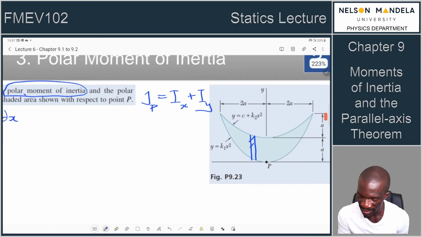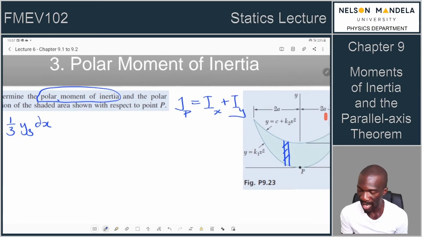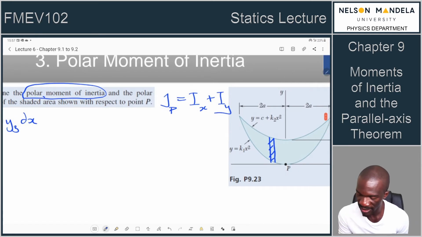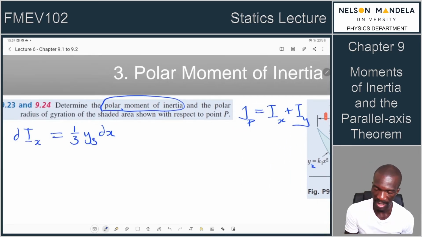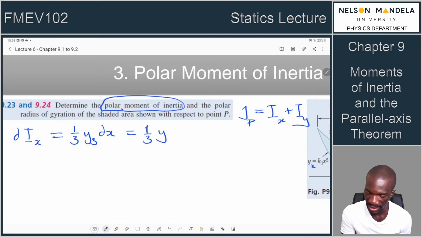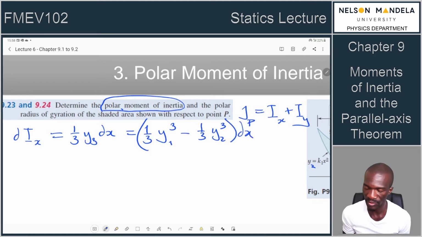How can we define our y's now? Our y is this function, let's call it y1, with a subscript, and the bottom function, let's call it y2. So our equation becomes 1/3 of y1 cubed, where y1 is the one at the top, minus 1/3 of y2 cubed, with respect to x.